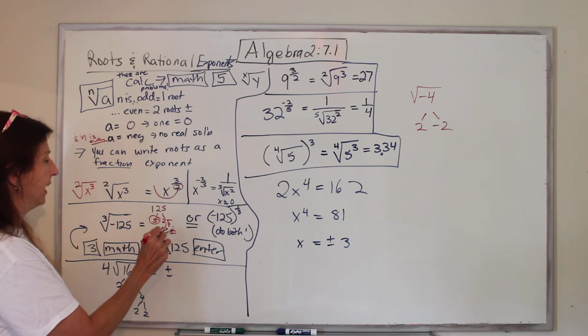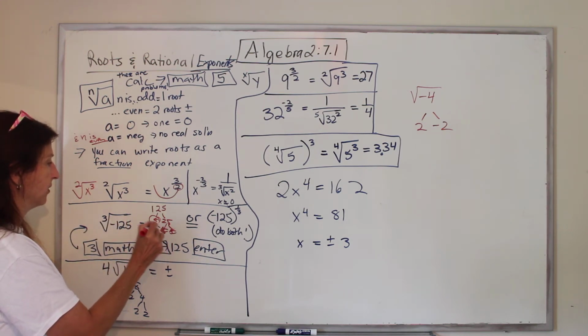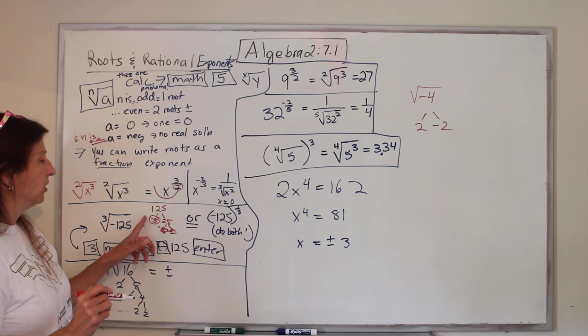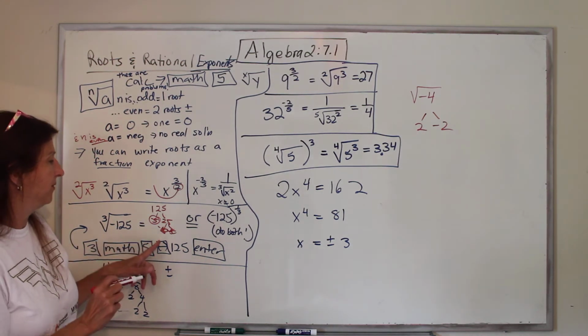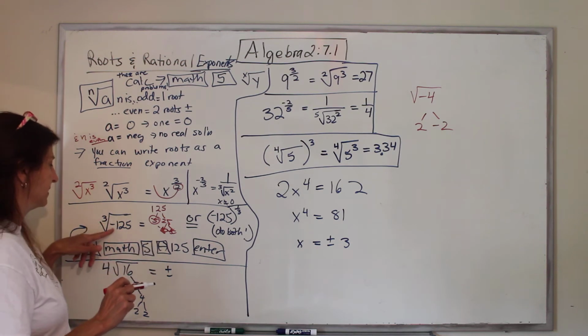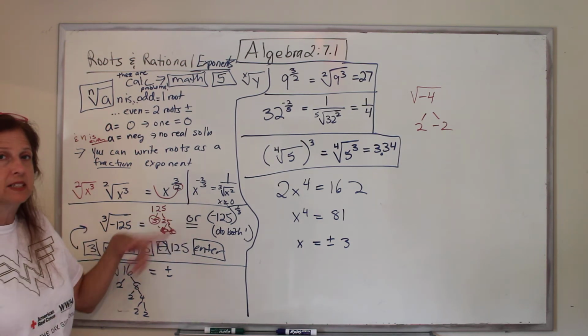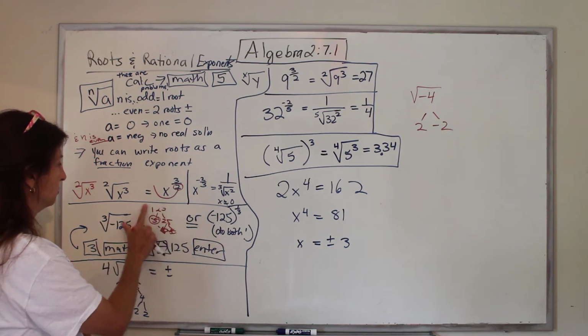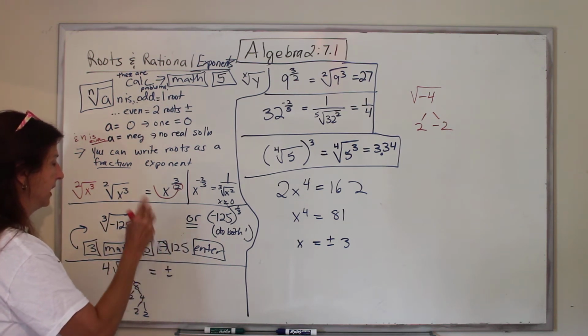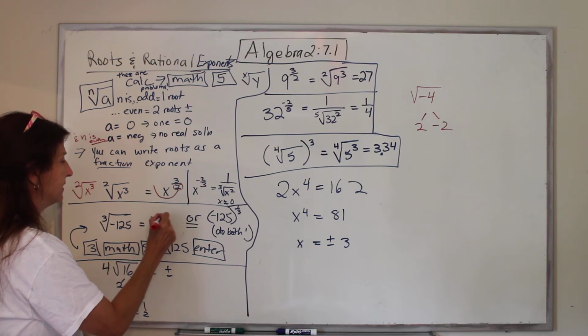And it's okay if it's negative, because they actually could all be negative. -5 times -5 is +25, times -5 is -125. So my triplets are -5s, okay? So the answer is -5.